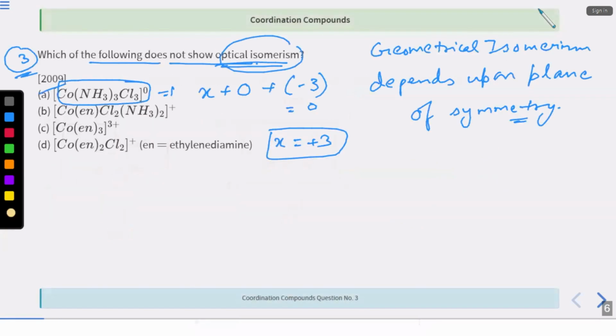Okay, so we were asked which of the following compounds does not show optical isomerism. So A will show. En means ethylene diamine.